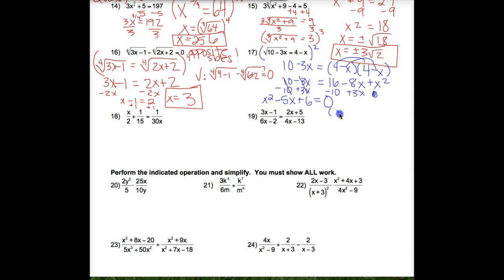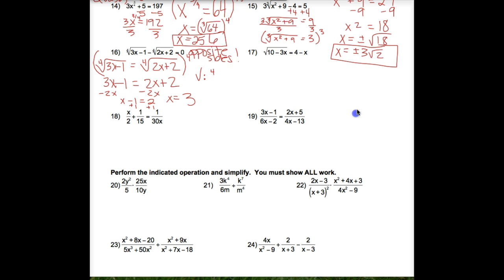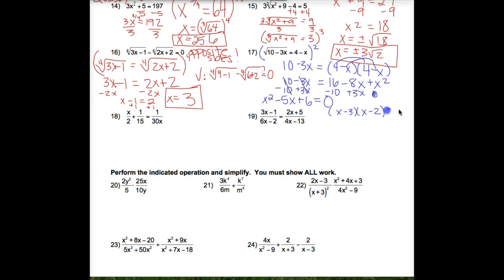If I do x minus 3 times x minus 2, I get x equals 3 and x equals 2. Then I need to check both of them. So checking the 3, square root of 10 minus 3 times 3, so that's 9, equals 4 minus 3. 10 minus 9 is 1, square root of 1 is 1. 4 minus 3 is 1.